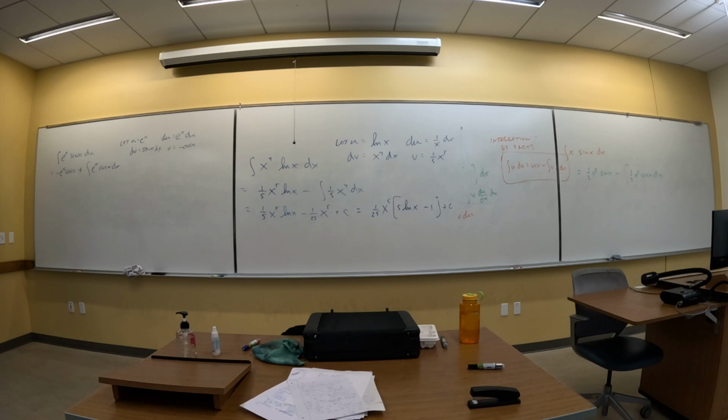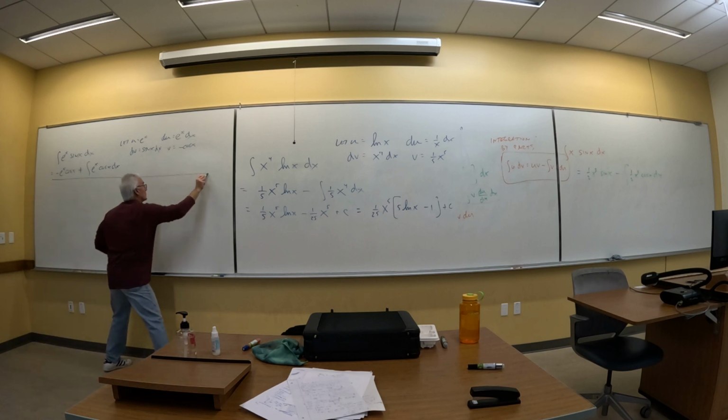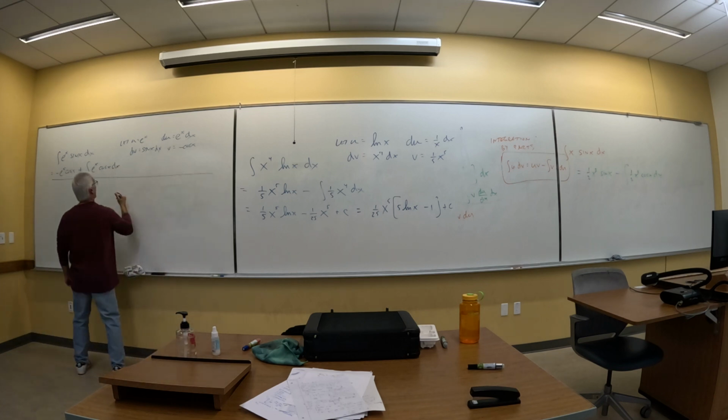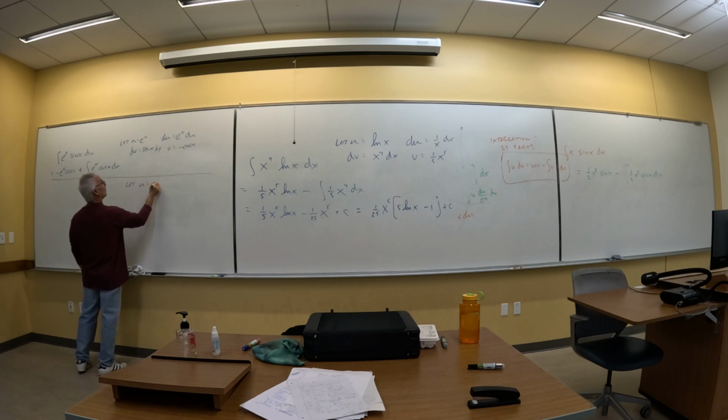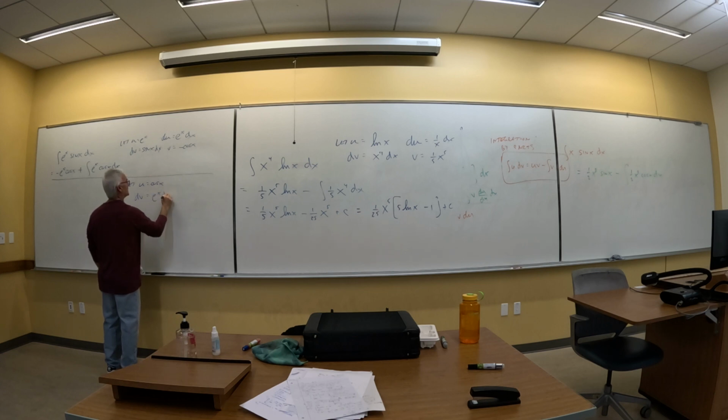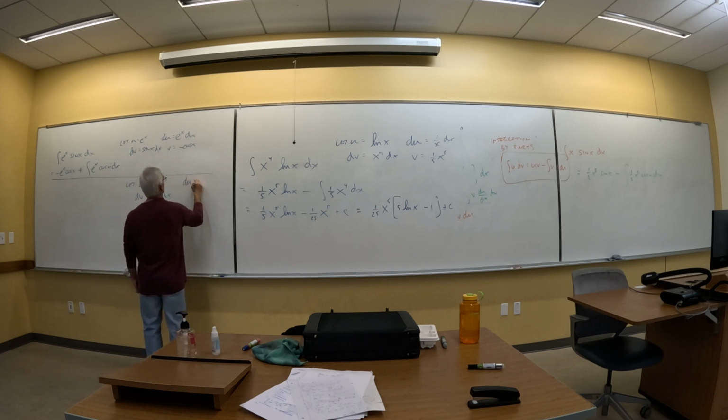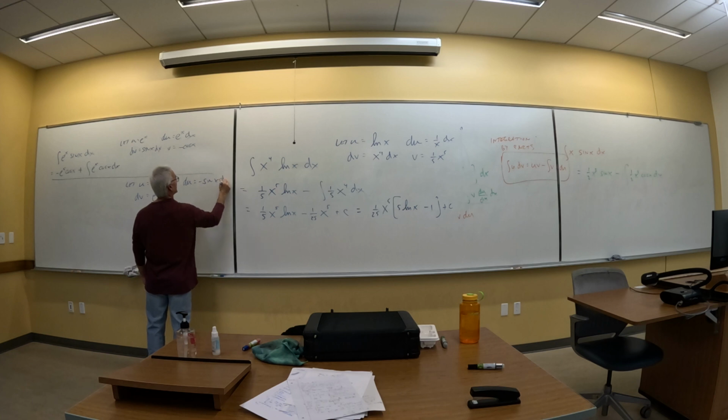Okay, so like we did a moment ago when we had the x squared. So, new problem. All right, so this time, just to make it easier on ourselves, let's let u be cos x, and let's let dv be e to the x dx. Then my du is negative sine x dx, and my v is e to the x.